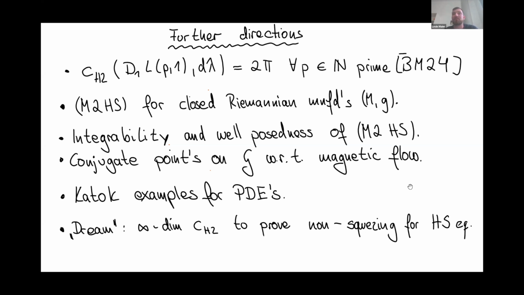Yeah, there it's a bit different, but there you can see them, as far as I understood it, if I understood it correctly, you can see the magnetic flow as an interpolation between the geodesic flow and the horocycle flow. So exactly at the magnetic critical value, you hit there the horocycle flow. So you deform it.